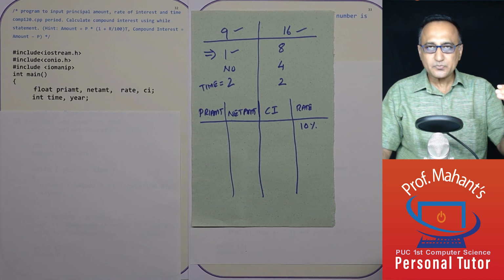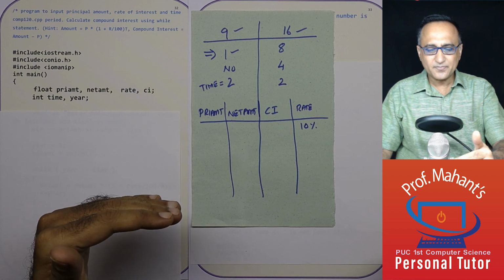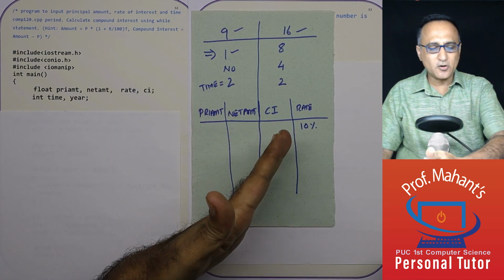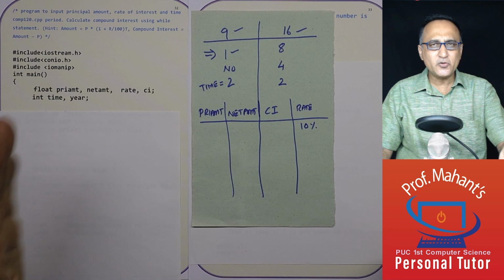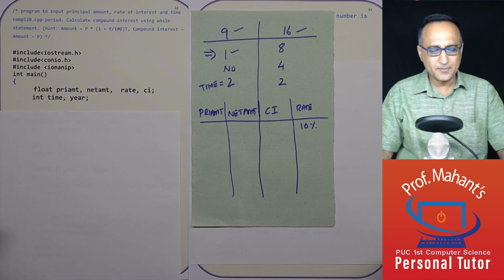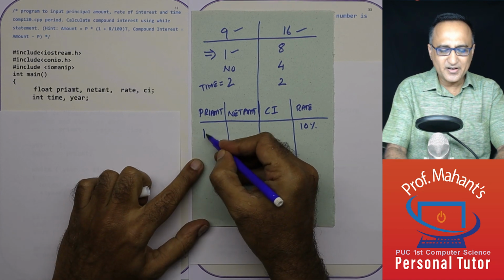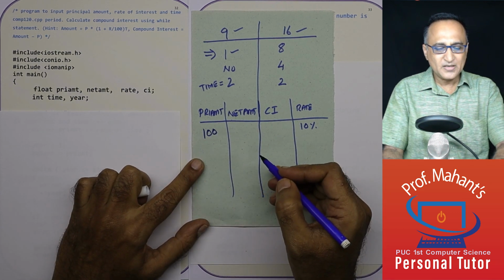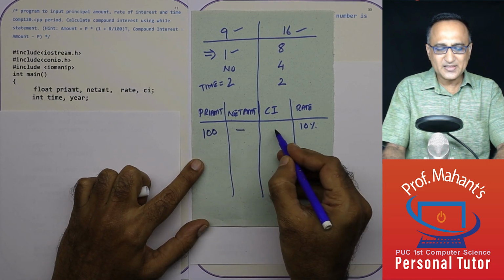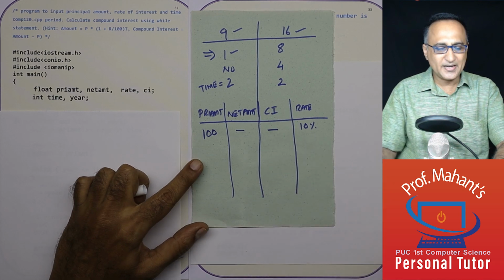So we will solve this particular problem using the names of the variables in columns, and you shall be able to easily understand what is happening. Let us say my principal amount is just 100 rupees. Net amount is nothing; I don't know at this point what the net amount is.